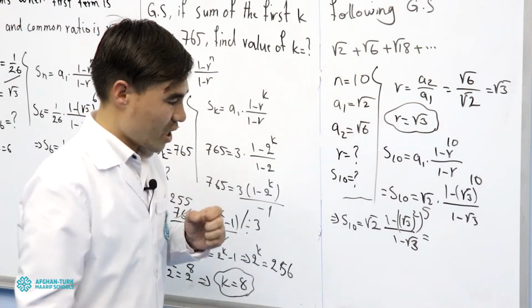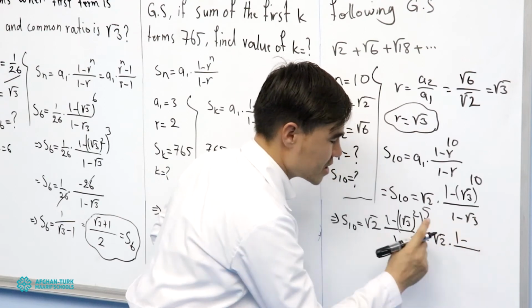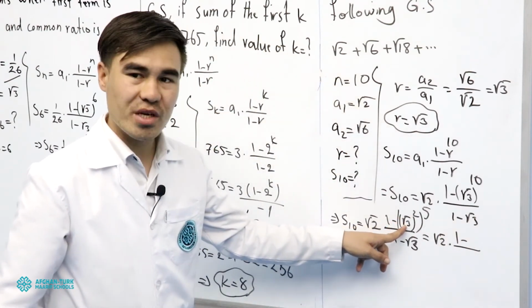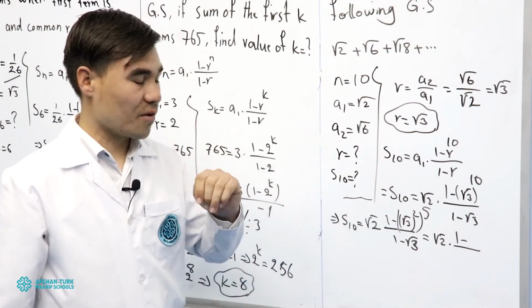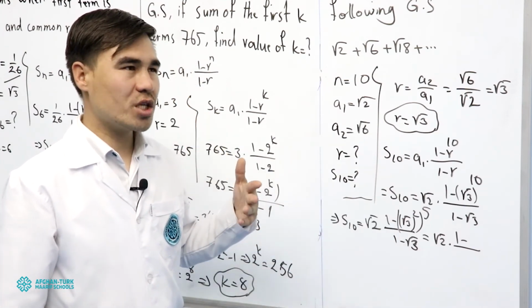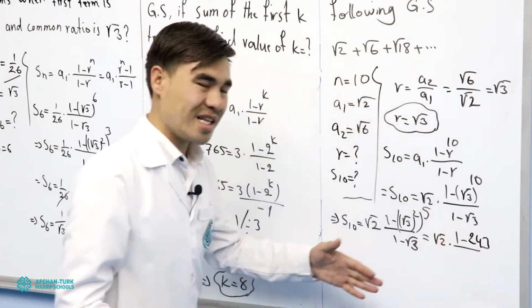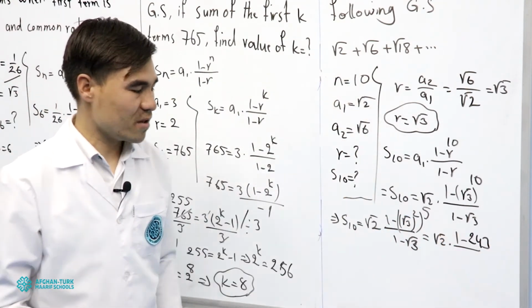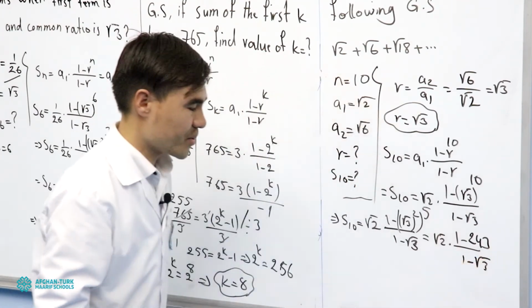When I simplify this, square root of 2 times 1 minus square root of 3 to the power of 2 will be 3. 3 to the power of 5 will be 243. Let's multiply it yourself. Over 1 minus square root of 3.